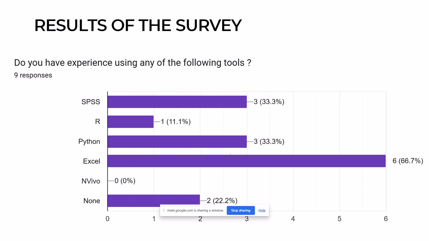While Excel is very good, I will advise you to learn at least SPSS or R or Python, because Excel is very limited. When you have a huge amount or a large data set that you want to analyze, you will face some difficulties in Excel and also in SPSS.